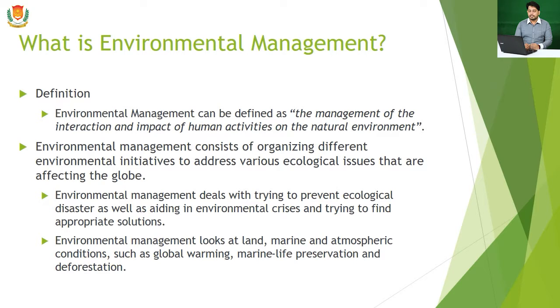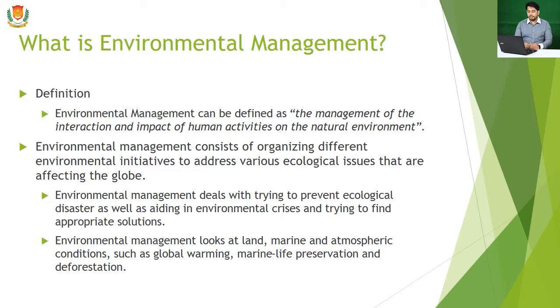You can see environmental management consists of organizing different environmental initiatives to address various ecological issues that are affecting the globe. So that means environmental management consists of many different types of activities through which we would be addressing the ecological problems, the global level of natural problems.